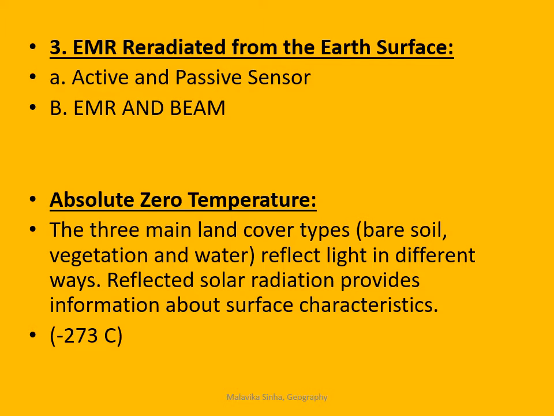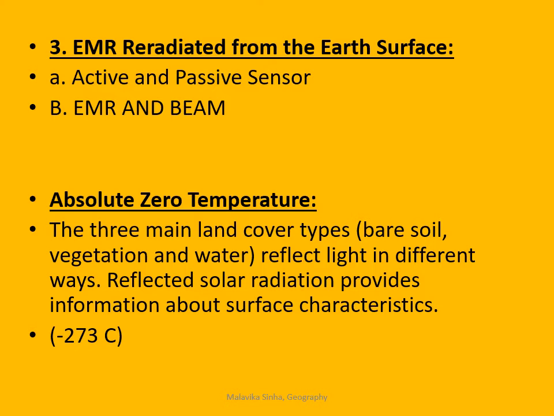Here, absolute zero is very relevant. Absolute zero is an infinitely cold scale. Absolute zero is a thermometric scale. If you want to convert it into centigrade, it is minus 273 degrees centigrade.